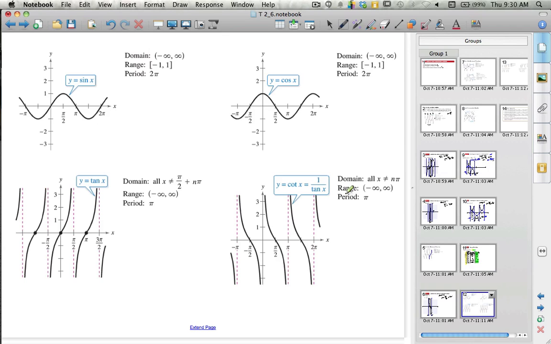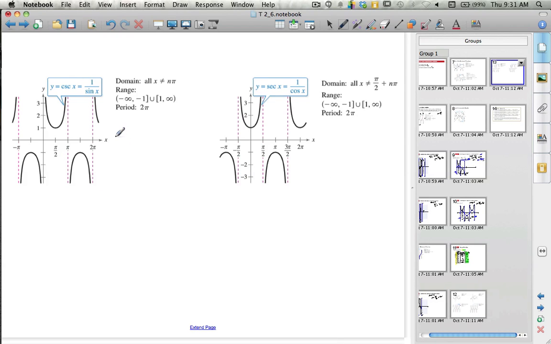Okay, so just a quick review of what our graphs all look like. Right, these are the graphs of y equals the sine of x. It has a domain from -infinity to +infinity. This is the graph of cosine, same, tangent, cotangent. Okay, when we get into the graphs of secant and cosecant, you see they are inverses of the sine and the cosine.